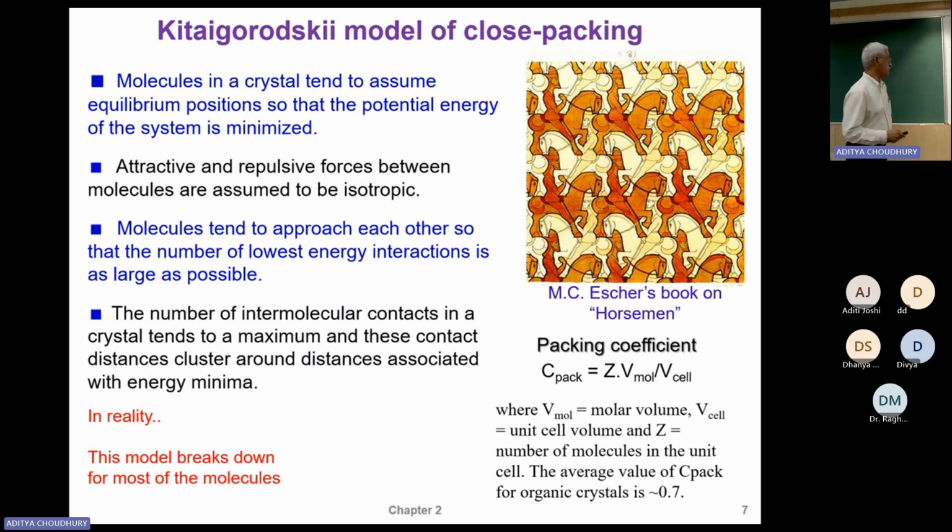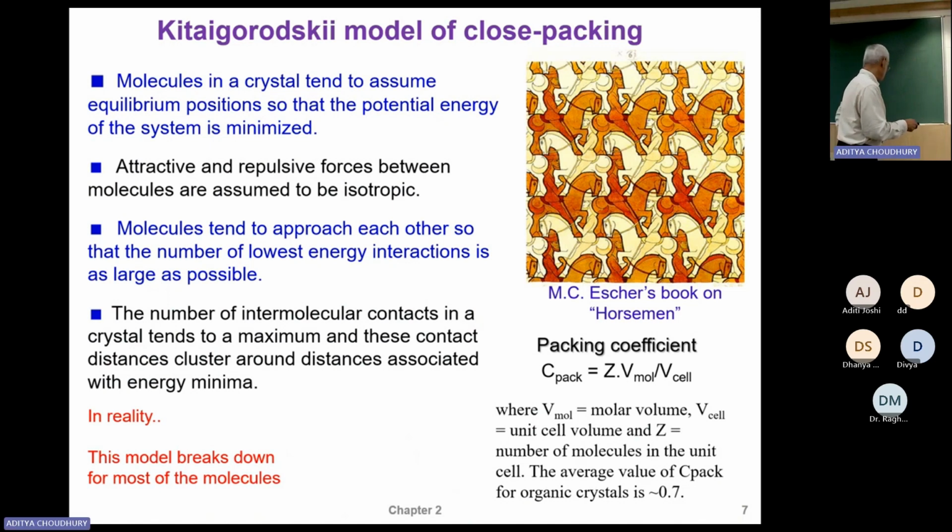Although he says it's only 12. This is how you have the packing of molecules in the crystal structure. You don't leave any space. We always refer to Escher's book on horsemen. There are so many very nice pictures. There are a few books available on Escher's drawings.